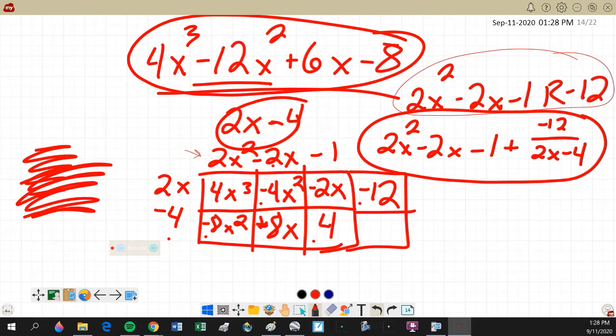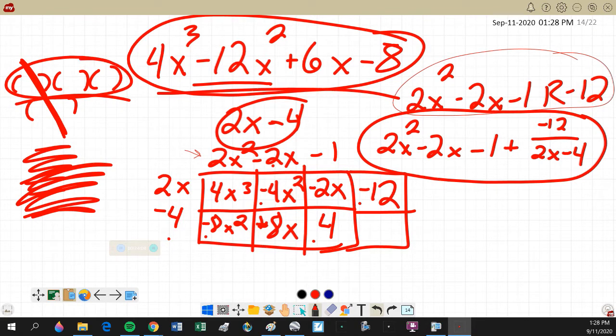So if I had this and those cancel, then this graph and this graph will look differently. How will they differ? The second one will be missing one of the roots. Does that make sense? The first one will have 3 roots, and the second one will be missing that one root that divided out. So what did we really do?